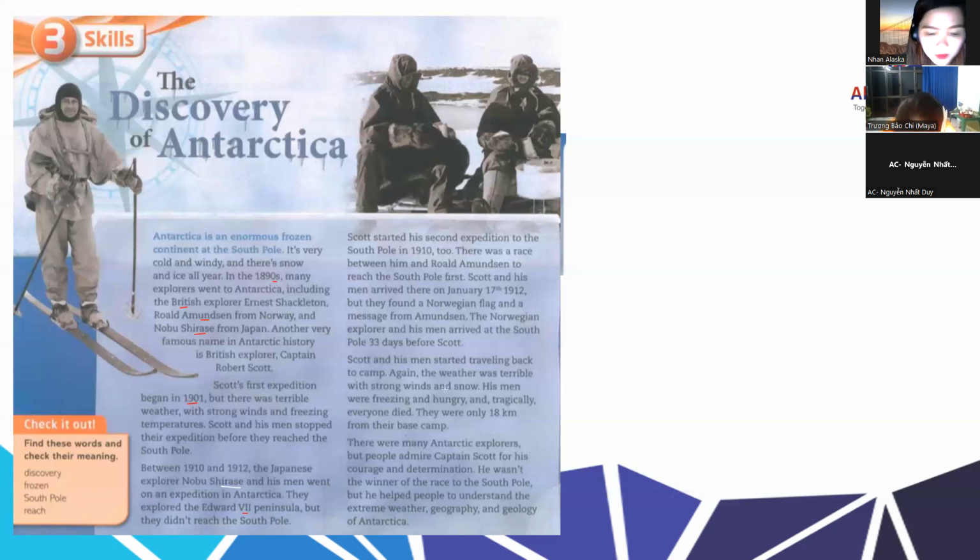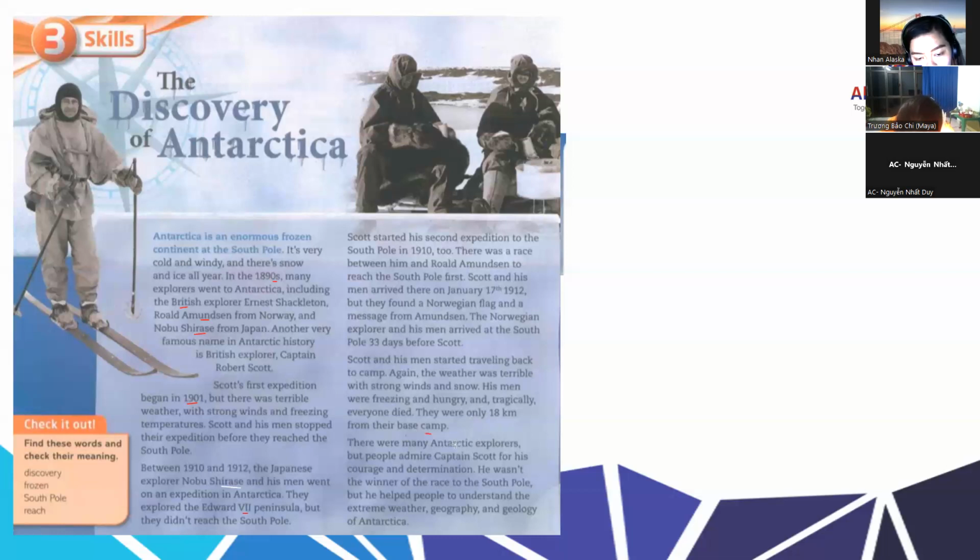Scott and his men started traveling back to camp again. The weather was terrible with strong winds and snow. His men were freezing and hungry, and tragically everyone died. They were only 18 kilometers from their base camp.